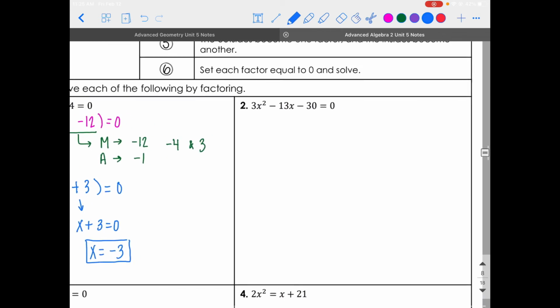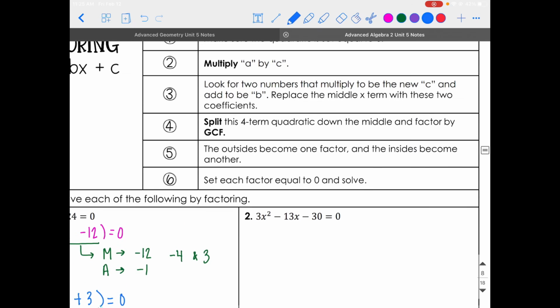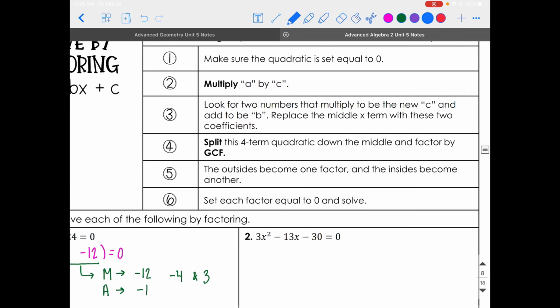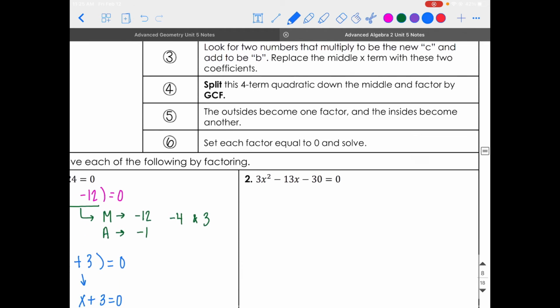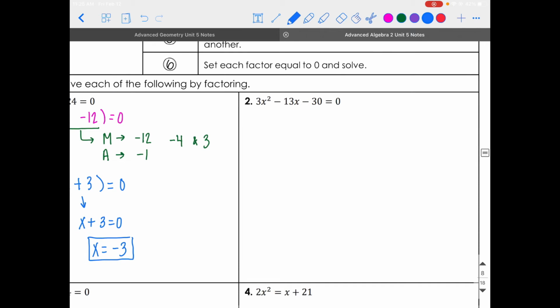All right, number 2, this is where it gets a little more challenging. There's a few more steps. So first off, step 1, it is set equal to 0. Step 2 says to multiply your A times C. So A times C is going to be -90.